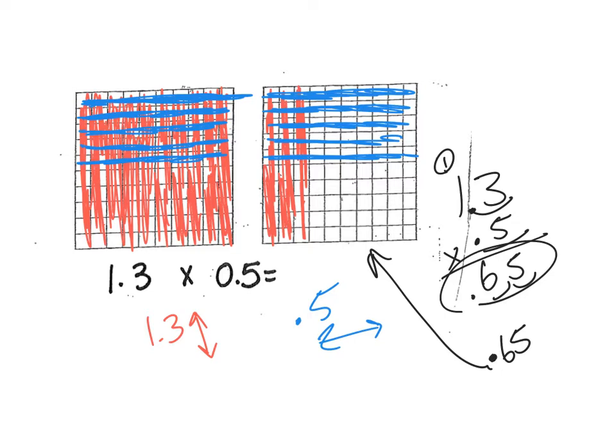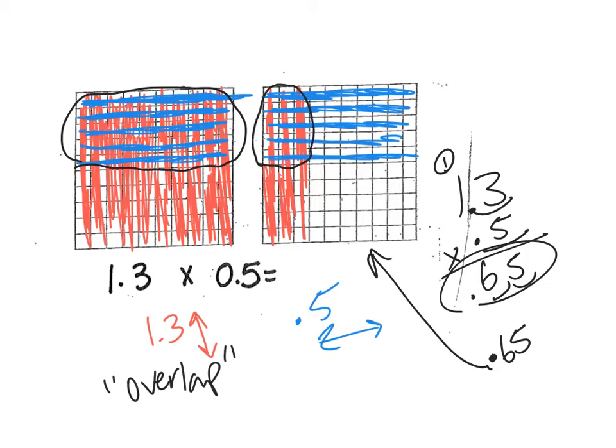All right, on this problem, I'm going to circle my overlap in 2 places. So I'm going to circle it here, and then I'm also going to circle it here because it really occurred twice. There's overlap in 2 spots. So my first grid over here on the left, when I look at it, it looks like I have an area of 5 by 10 basically.